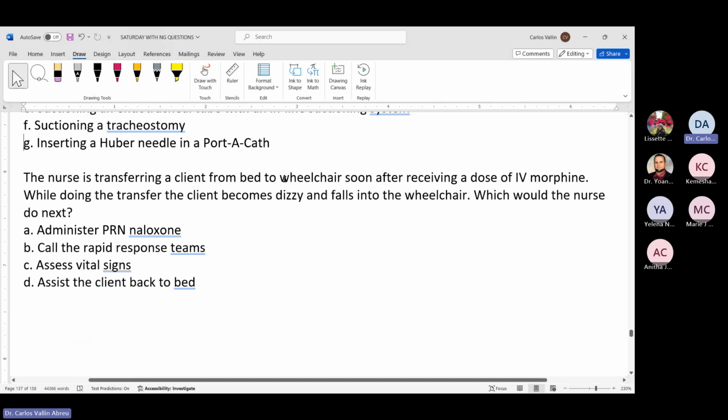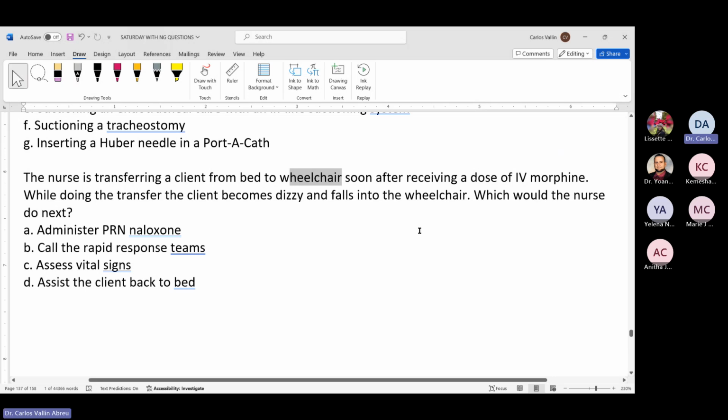The nurse is transferring a client from bed to wheelchair soon after receiving a dose of IV morphine. So the patient is sedated and with low blood pressure and is moving from bed to wheelchair. While doing the transfer, the client becomes dizzy and falls into the wheelchair.